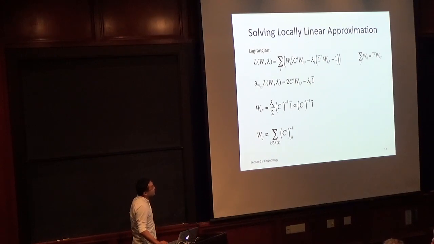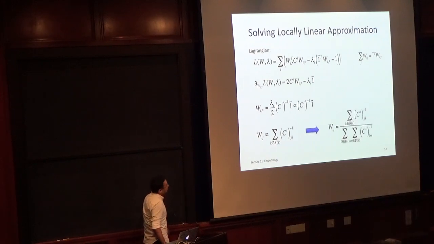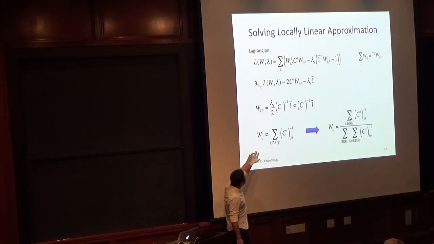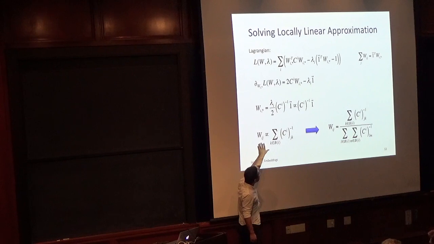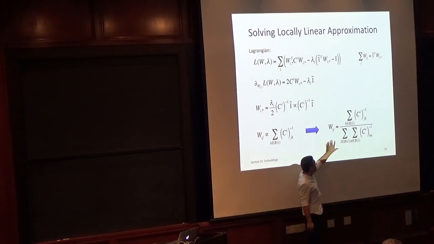I am going over this a little bit fast. These are just manipulations of Lagrangians, matrix gradients, and linear algebra. At the solution, where the gradient of the Lagrangian is 0, this proportionality relationship implies that this is the solution.